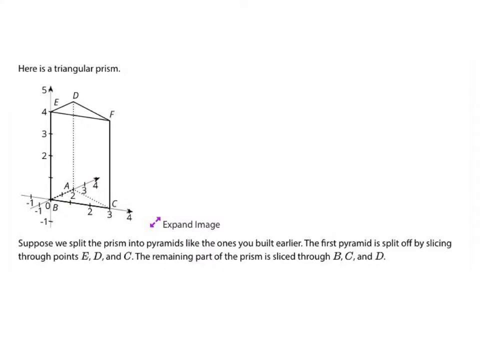Again, this would have been a fantastic lesson to do in class together. But here is a triangular prism. Suppose we split the prism into pyramids like the ones you built earlier. Earlier they mean lesson 12, the nets that we built by hand.